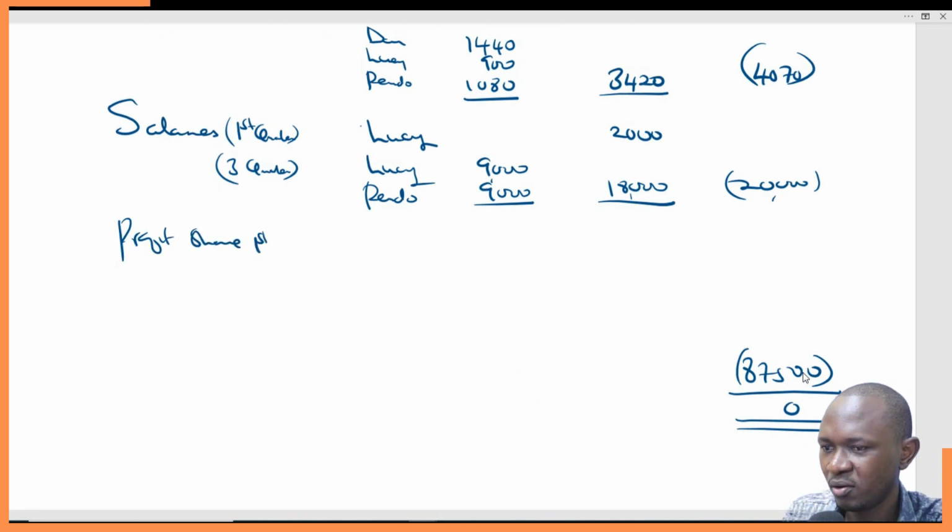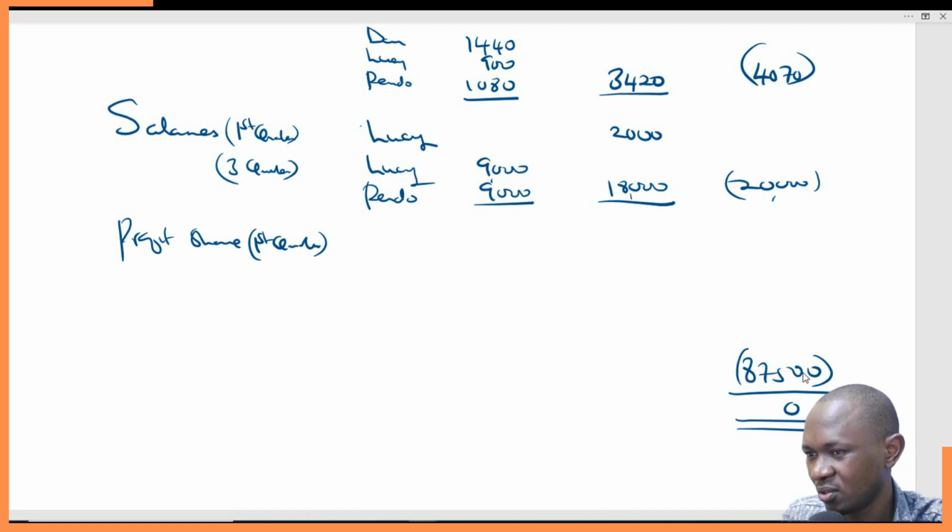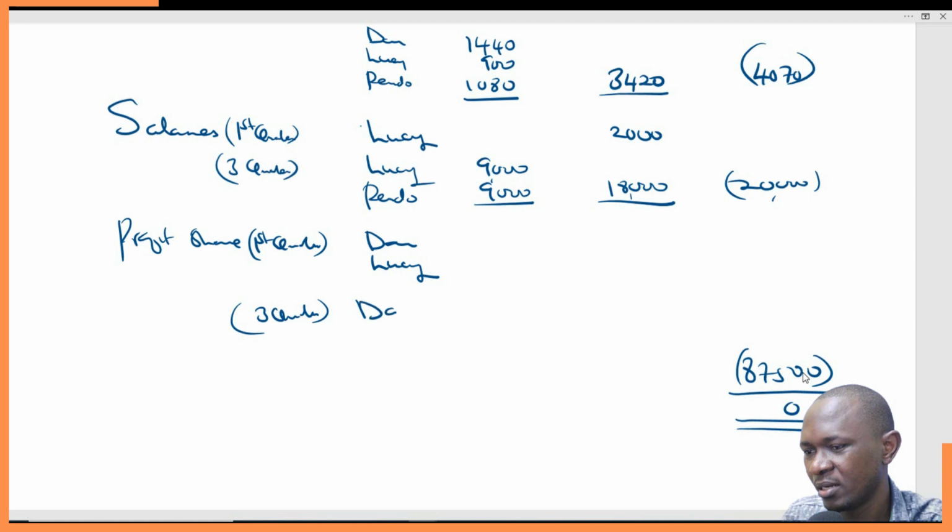For profit share, you need to remember we have the first quarter and then the remaining three quarters. In the first quarter we have Dan and Lucy, and in the remaining three quarters we have Dan, Lucy, and Pendo. The ratio is 4 to 2 to 1, and here the ratio is 3 to 2.